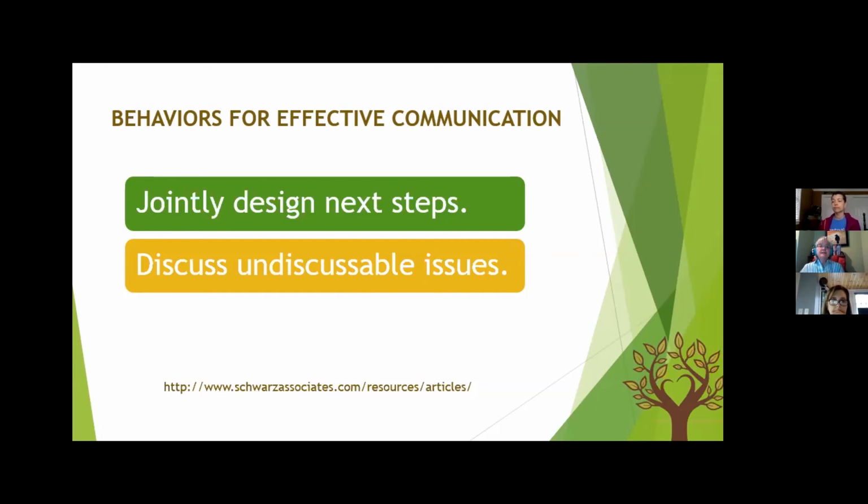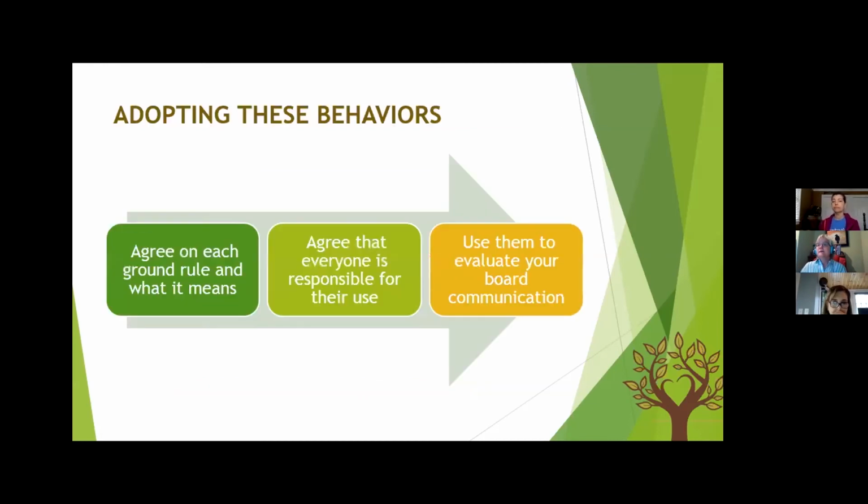So if we go to the next slide, there are important things to consider if your team or your board decides to take on these behavioral ground rules, the 8 that we described. There are steps to go through to adopt those behaviors. Part of jointly designing next steps is to work as a board to adopt the behaviors. So you would need to have conversations with your board about what each of those ground rules really means.